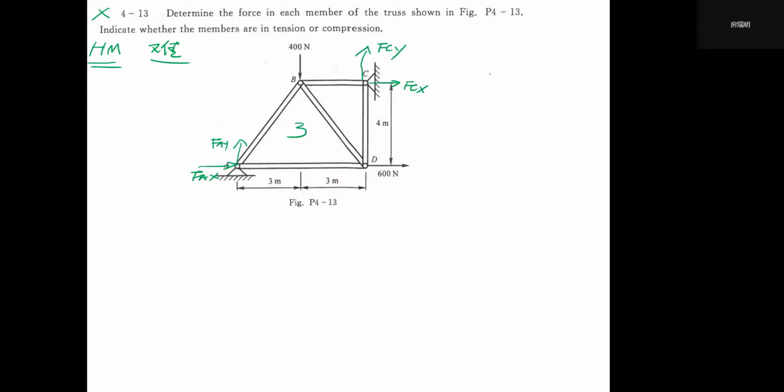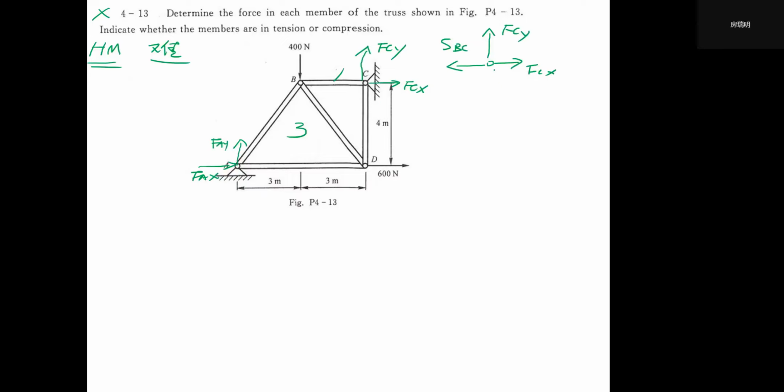Then if we select not C to start, you can find here we have FCX, here we have FCY, then we have SBC, the internal force of this one.